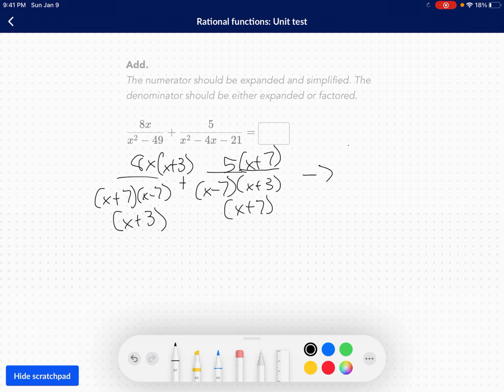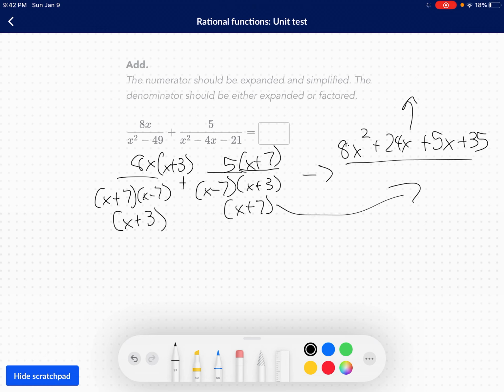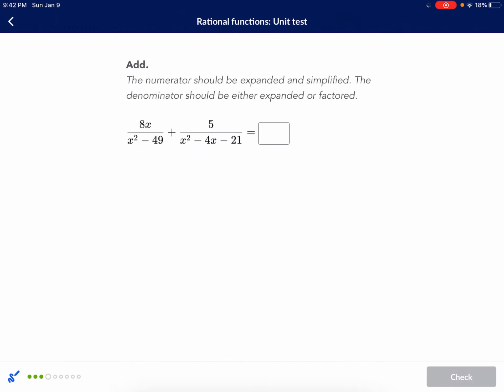So 8x times x plus 3, that is 8x squared plus 24x. You add 5 times x, which is just 5x. 5 times 7 is 35. And put whatever here in the bottom. This can be simplified into 8x squared plus 29x plus 35 when combining like terms. So this is the numerator and this is the denominator of the solution.